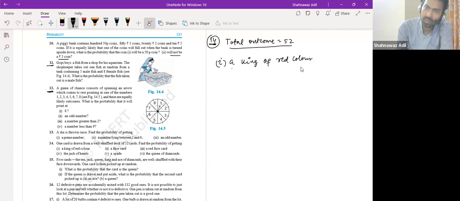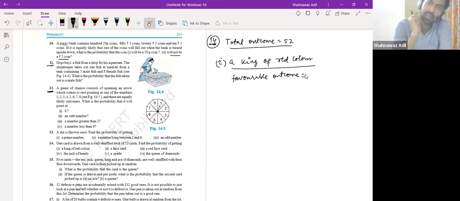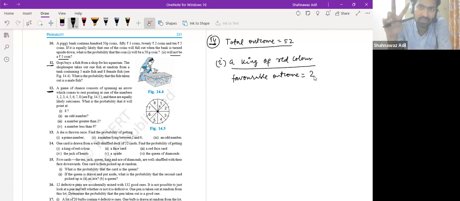So what are the favorable outcomes? How many red kings can we have? Two, because we have one of diamonds and one of hearts.